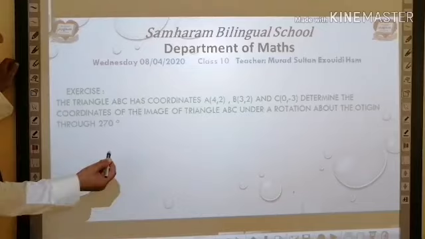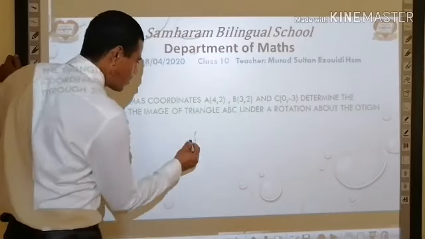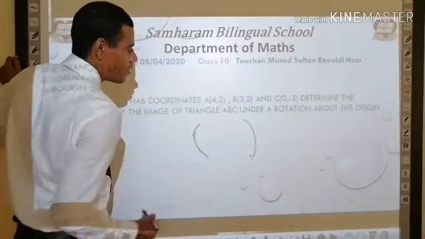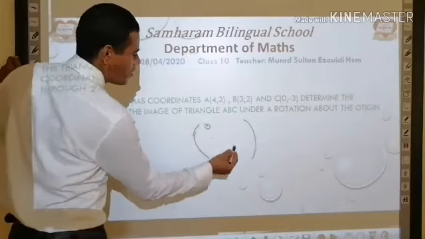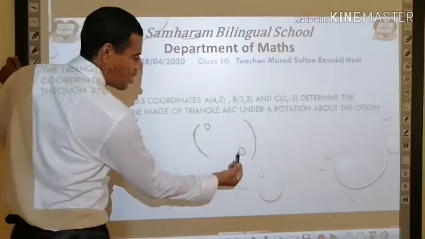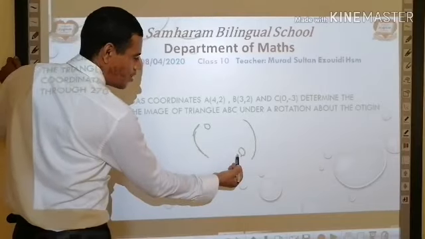First of all, what is your matrix of transformation? This is 0, my kids, because cosine of 270 degrees is 0.